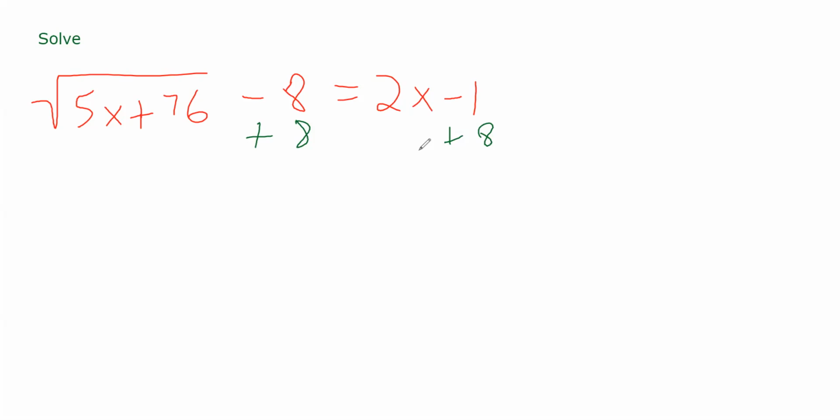We're going to add the 8 over so we can get the radical by itself. Now on the right, that's going to become 2x, negative 1 plus 8 will become plus 7.